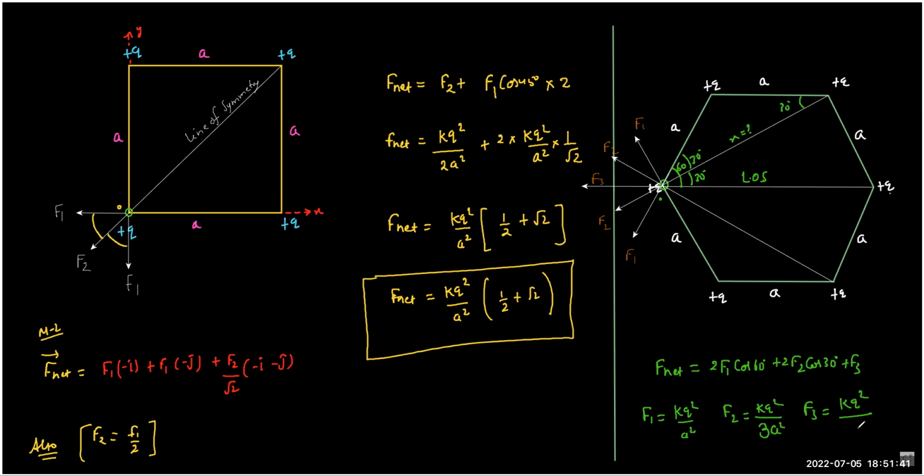What is F3 now? KQ square by what is the separation? A square in the denominator. Now what is the F3 separation from the charge? What is this separation?